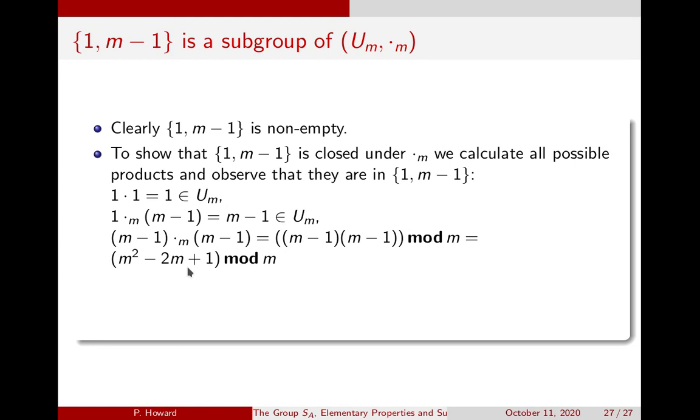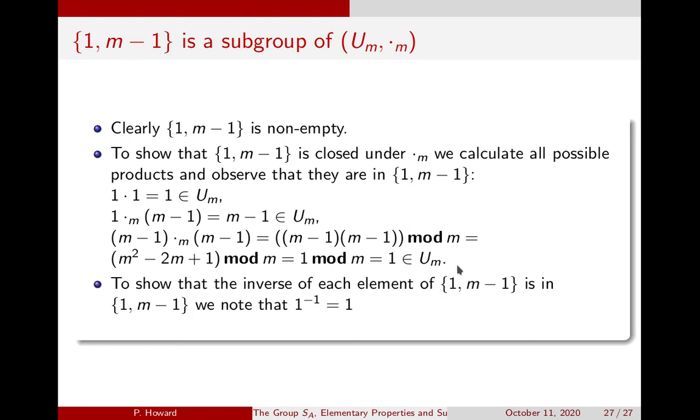Inside a mod m, we're going to delete these two multiples of m. This is equal to 1 mod m, and 1 mod m is 1, which is, again, back in U sub m. So this shows that this two-element set is closed under times sub m.